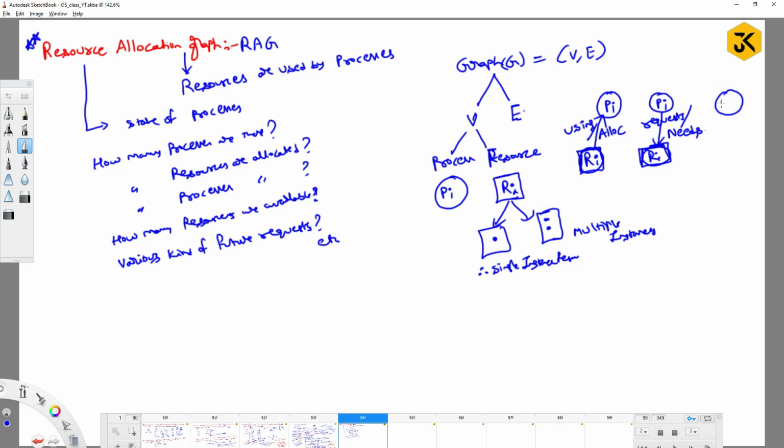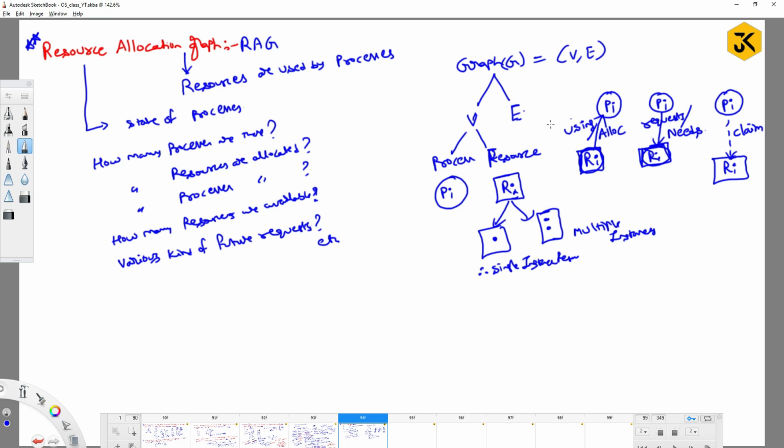There is some other symbol too. Process Pi with a dotted arrow to Ri means process Pi is claiming the resource Ri, that it belongs to me. Like that we can represent it.